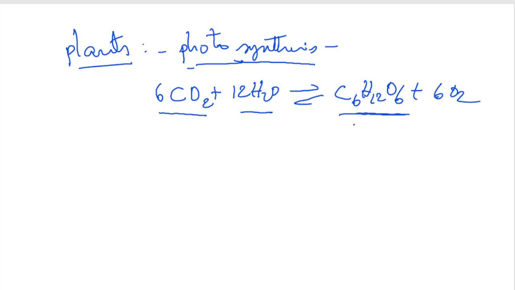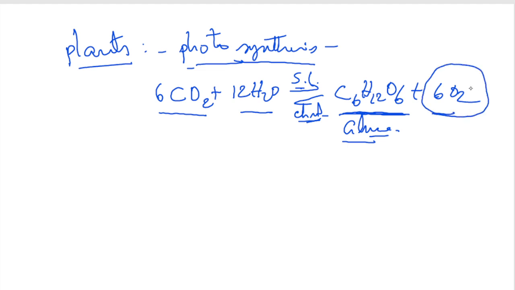In the presence of sunlight and the green pigment chlorophyll, they can prepare this glucose. Another thing is also evolved in this reaction, that is oxygen. The 6O2 is also released in this function.